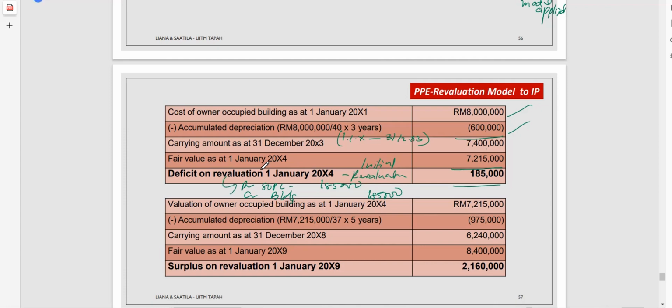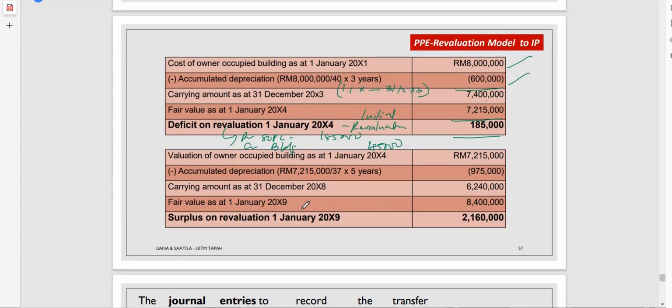The second revaluation, you would have been informed that the fair value was 7.215 million, and the fair value now would be the revalued amount.